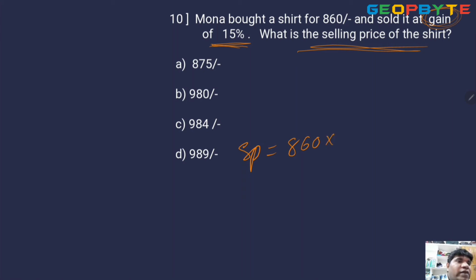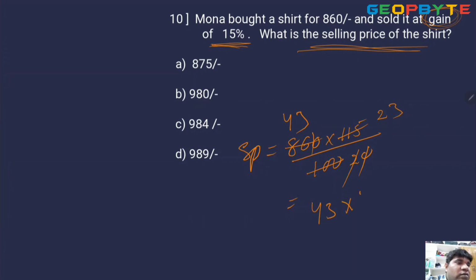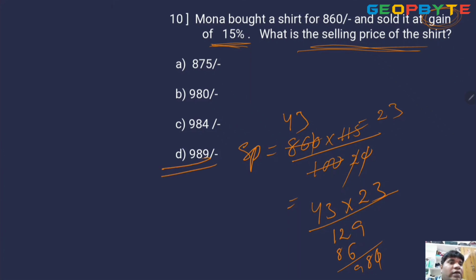You have a profit of 15%, which means directly 115 upon 100. 5 twenties, 5 twenty-threes, zeros cancel, 2 ones 43. So the answer is 43 into 23. 3 threes are 9, 3 fours 12, 2 threes are 6, 2 fours 8. So 989 is the answer.